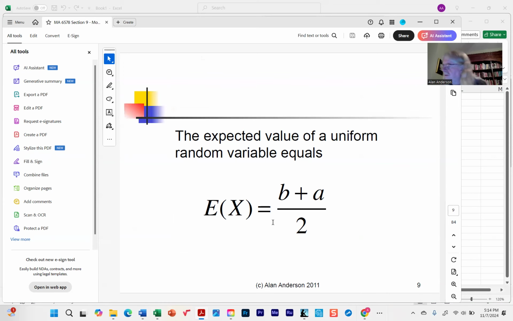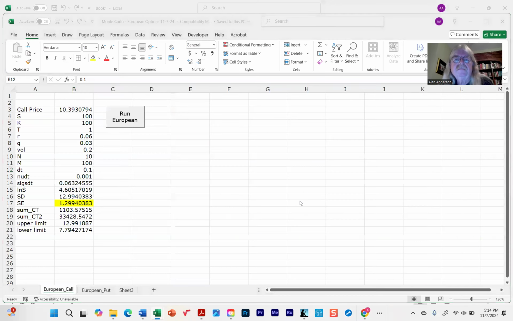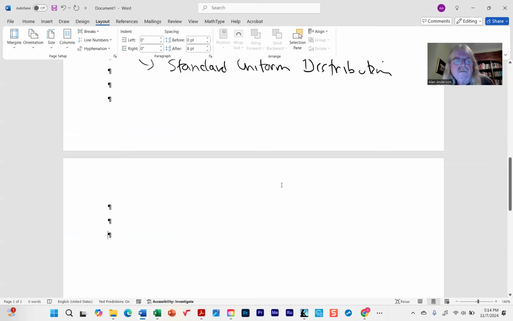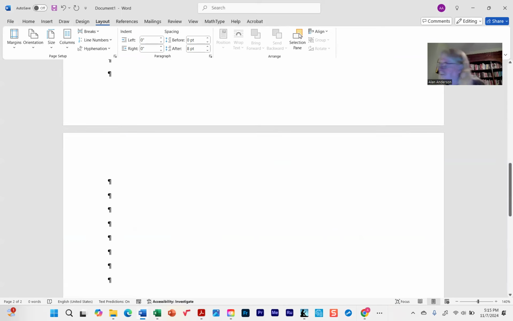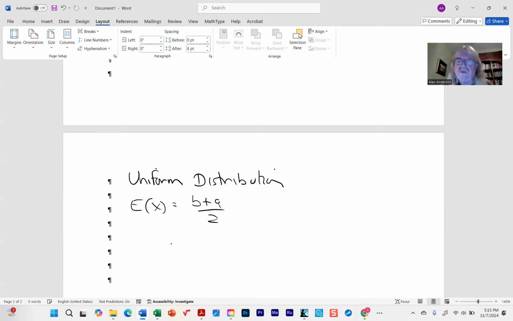We can calculate the moments in the following way. So for any uniform distribution, the moments are calculated as follows. The mean is simply the average of the two endpoints. For the standard uniform, that would be, of course, 1 plus 0 over 2, which is a half.